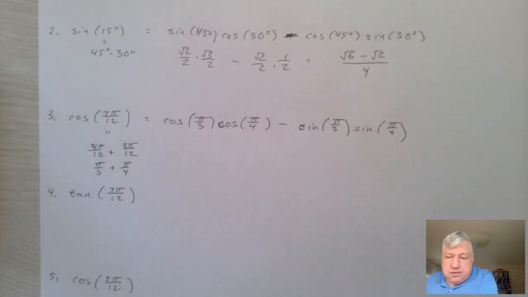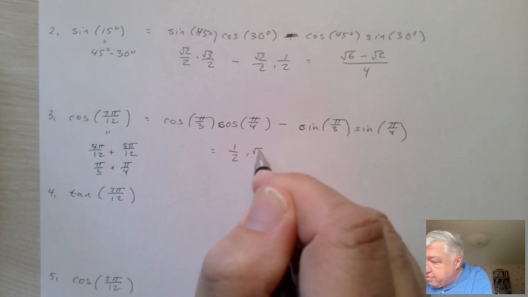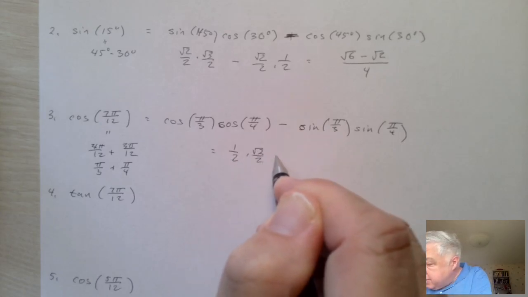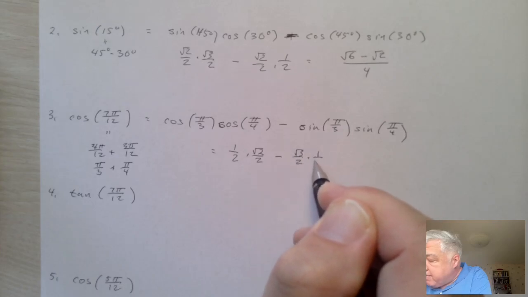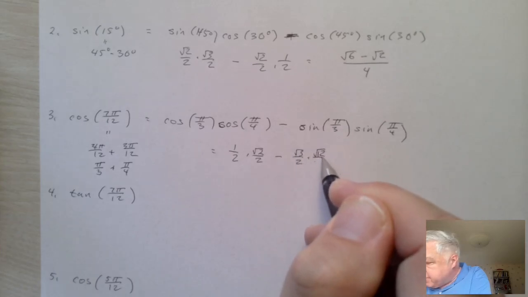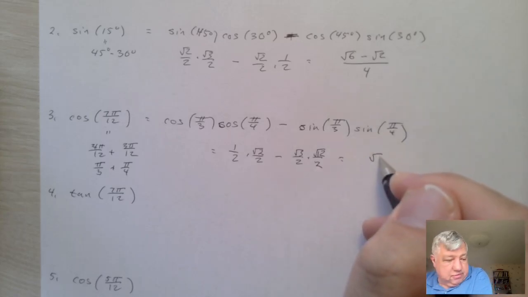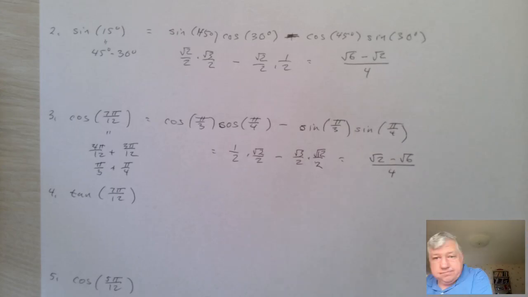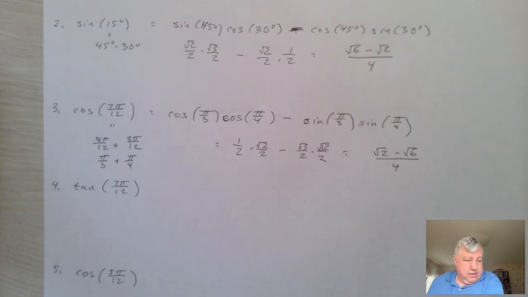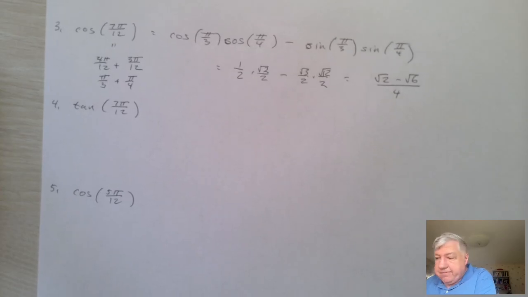And this is 1/2 times square root 2 over 2 minus square root 3 over 2 times square root 2 over 2. So this simplifies to square root of 2 minus square root of 6 over 4. Okay. And let's just do a few more.